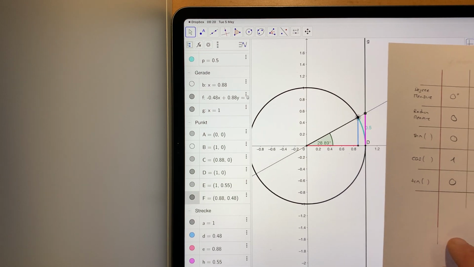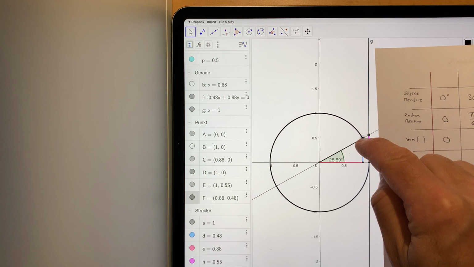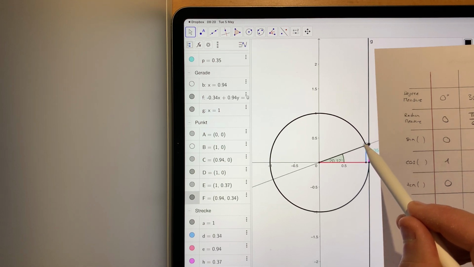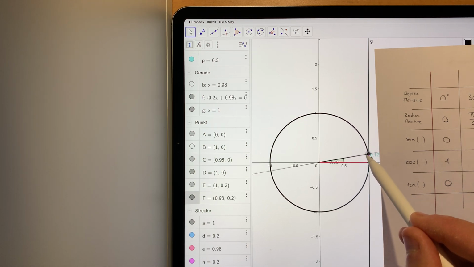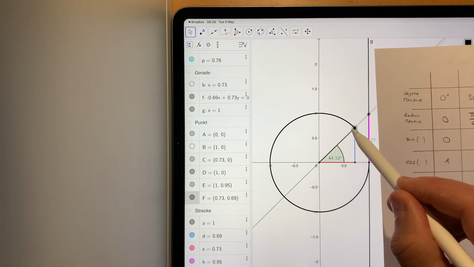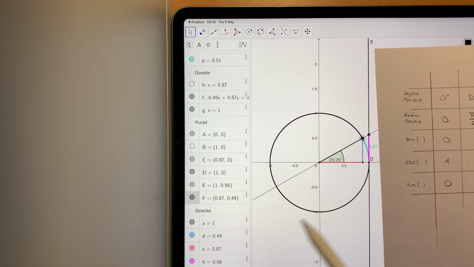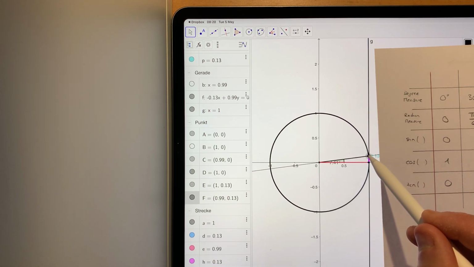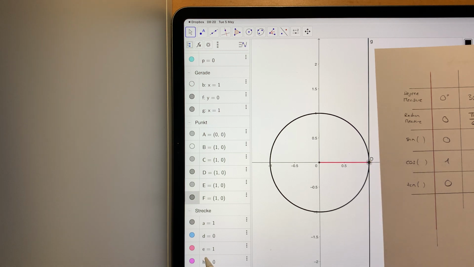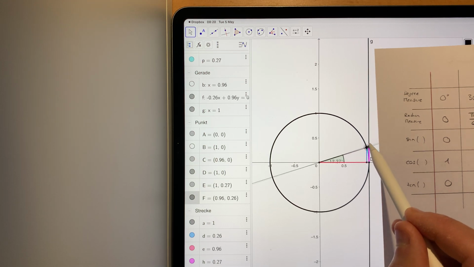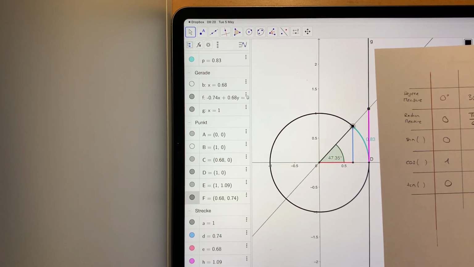It's pretty clear: when you go down to 0, your sine will go down to 0. When you go to 0, your cosine value will go to 1. Look, the red line is now 1. Your tangent, as you go to 0, will go to 0 as well. So this is what we get.